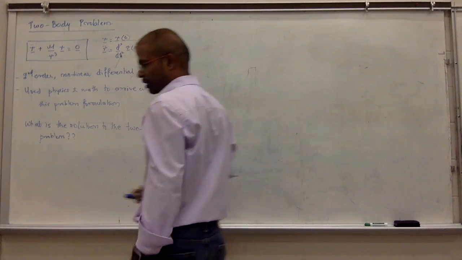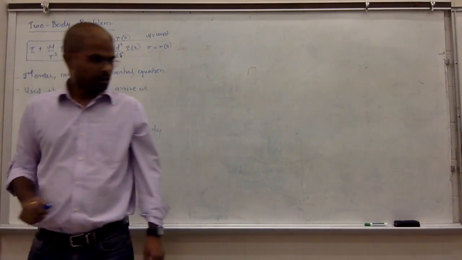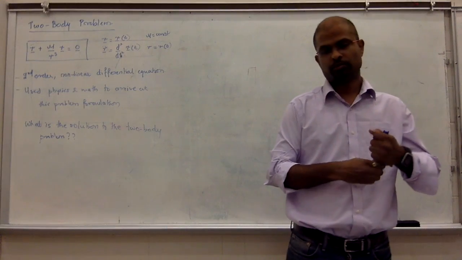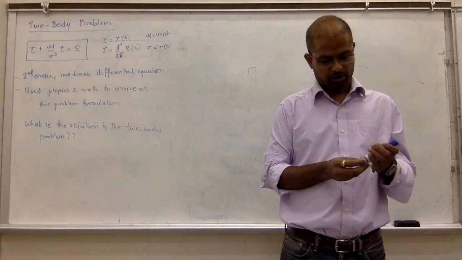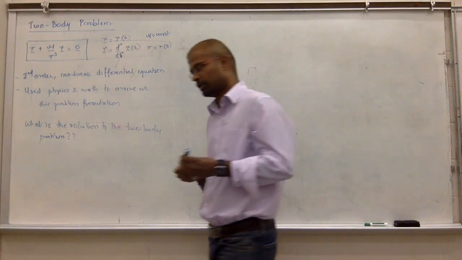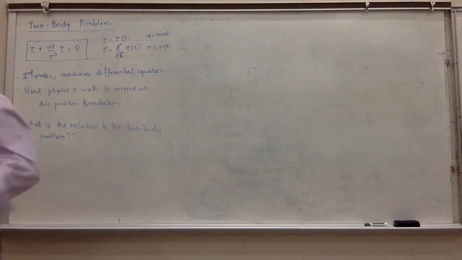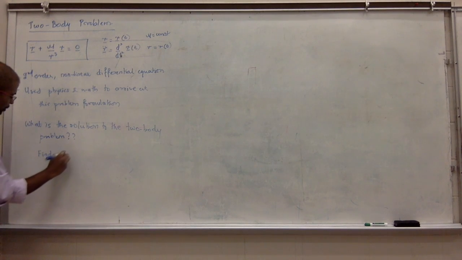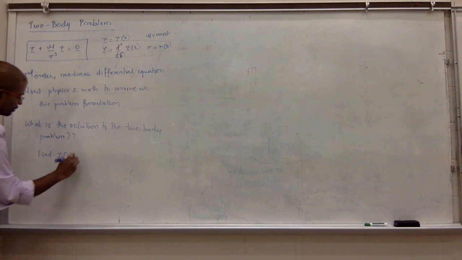Now it so happens, what will that solution look like? Or what will that solution give you? What quantity will that solution give? When you say solution, you need to find R of t.